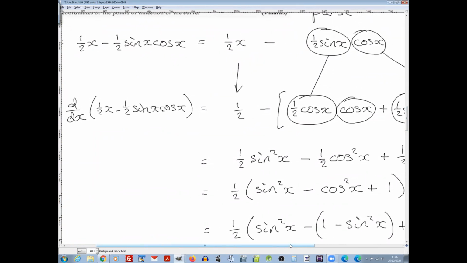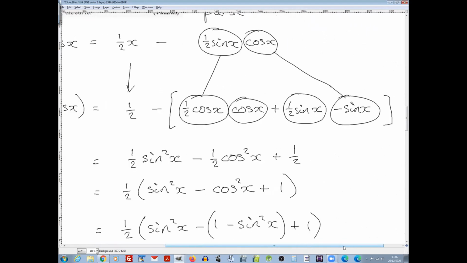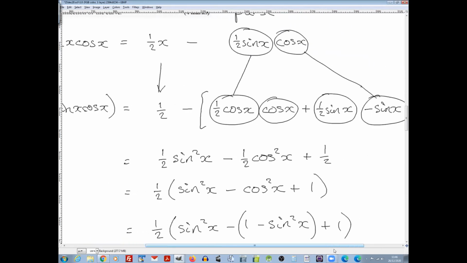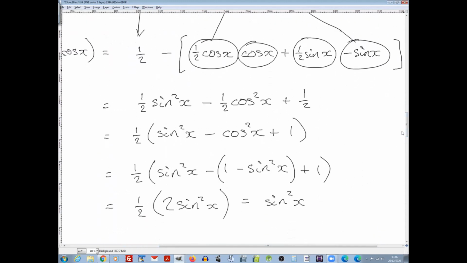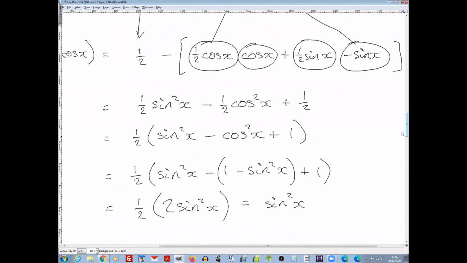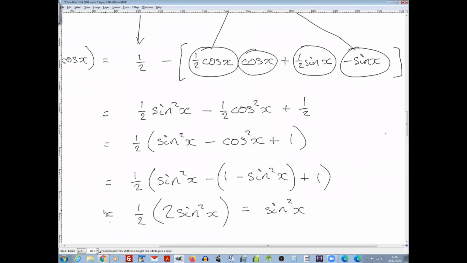No. Would it be like a sec squared or something? No. Where did we get sine squared from? All these equal signs go back to this line here.